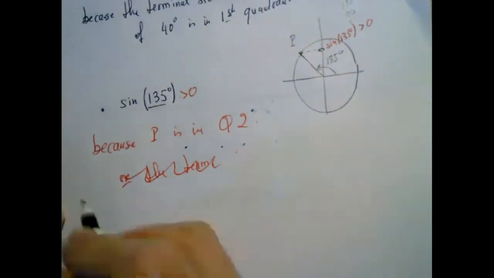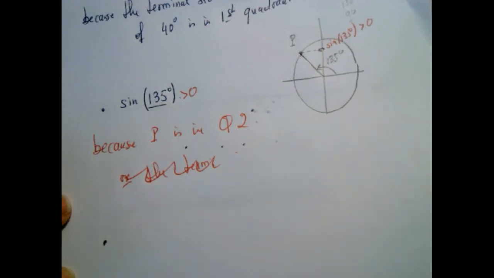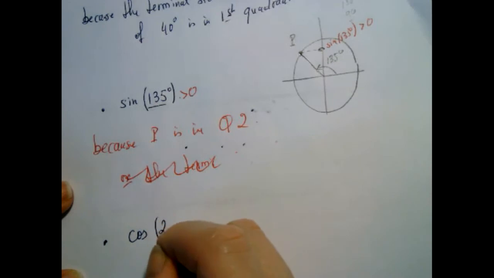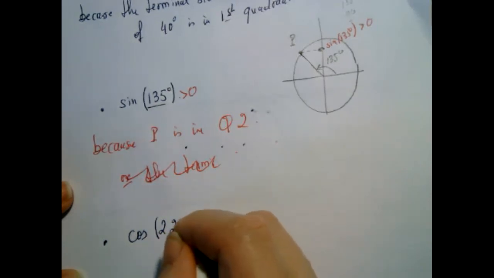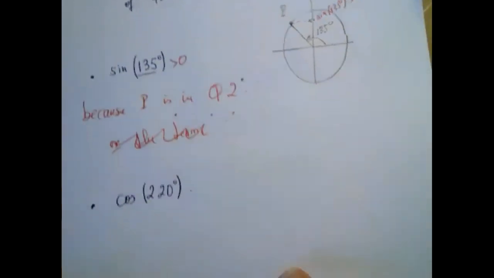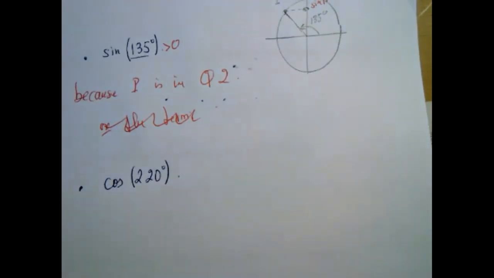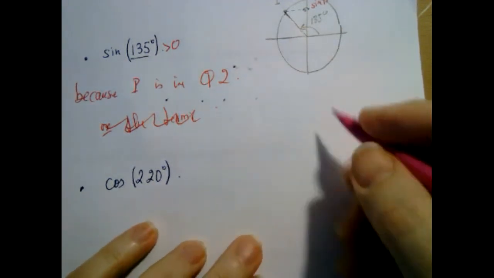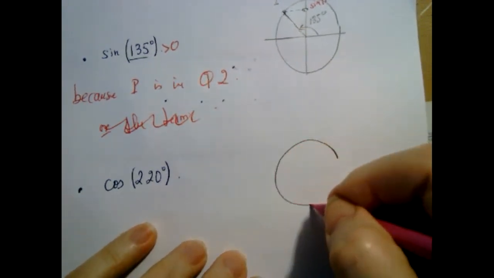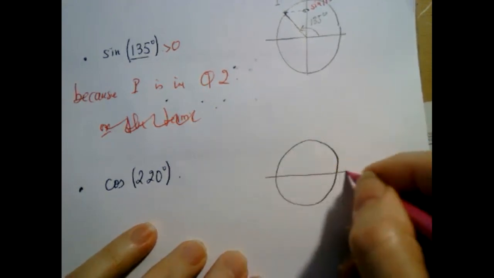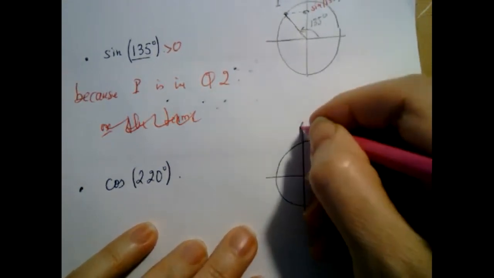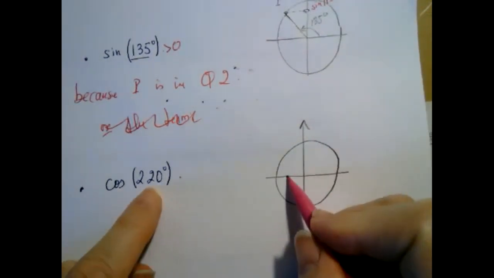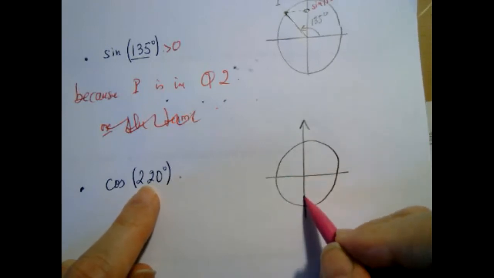Now let me do two more. I have a minute to go. Let me take cosine of 220, let us say. Positive, negative, or everybody screaming negative. Again, let us see. I am slower than you. So 220. Okay, this is 180 up to here, and that's 270.